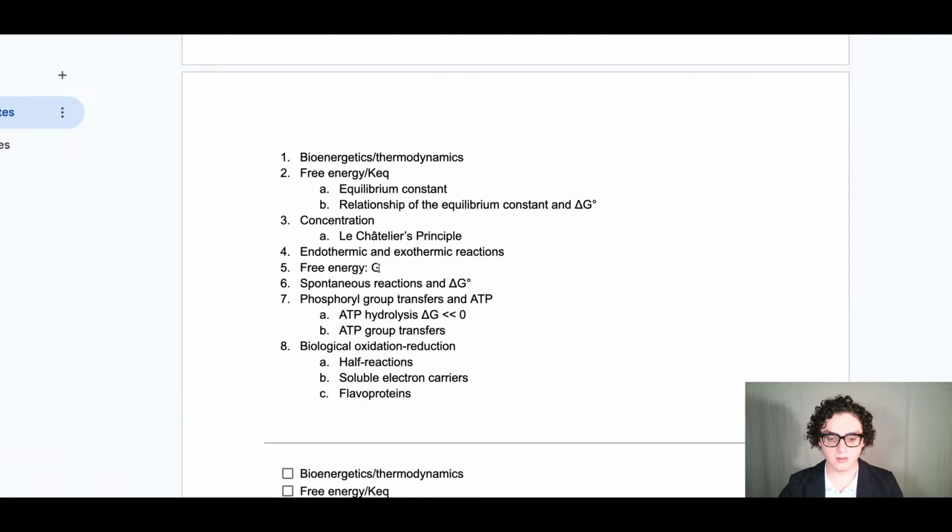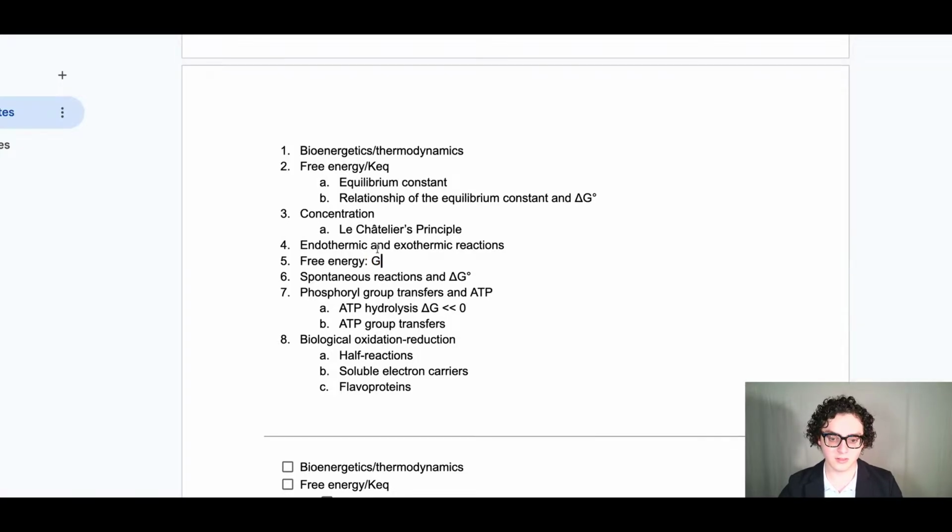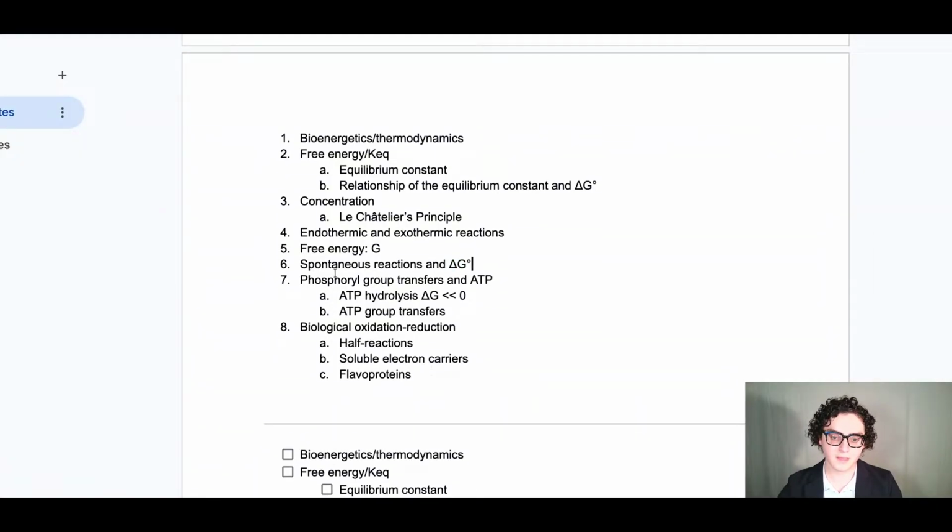5. Free energy, which equals G, so they're defining G as free energy. The G comes from the fact that it's called Gibbs free energy, after the person who discovered it. 6. Spontaneous reactions and change in Gibbs free energy. 7.